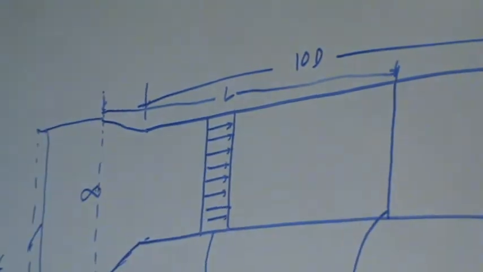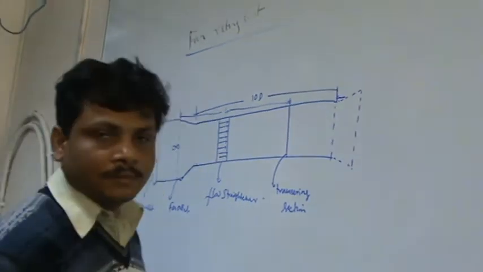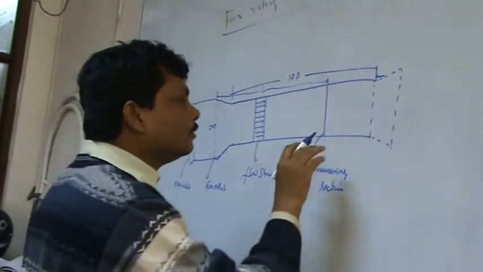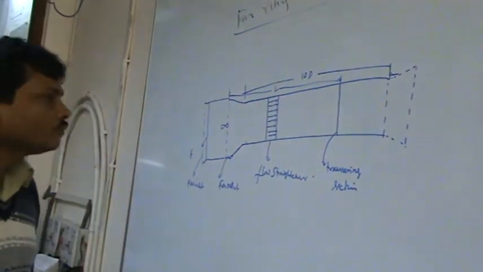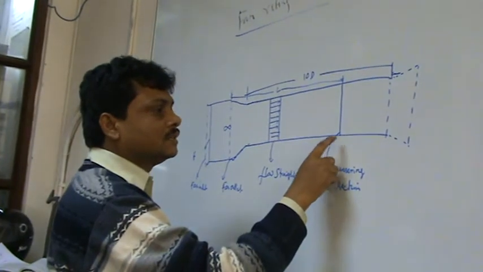And in this traversing section, we put a measuring device to measure velocity pressure and static pressure.